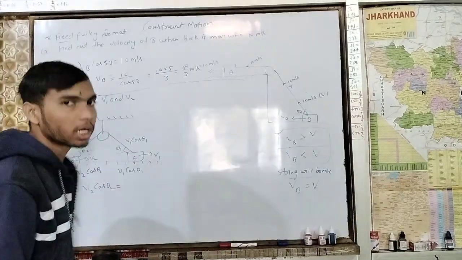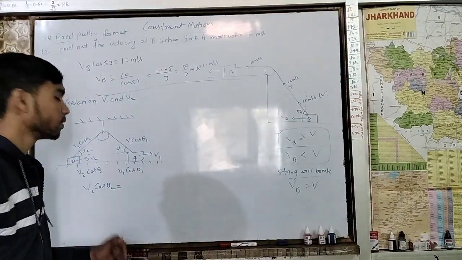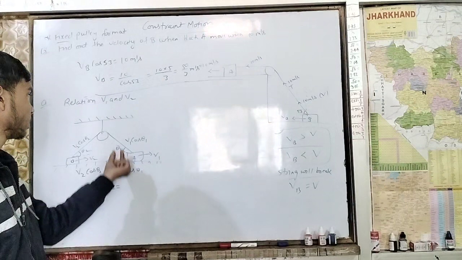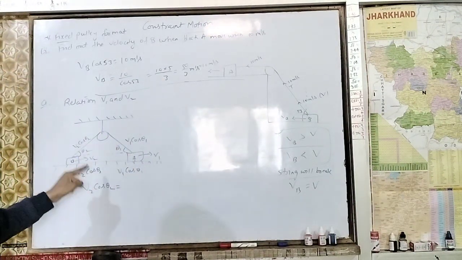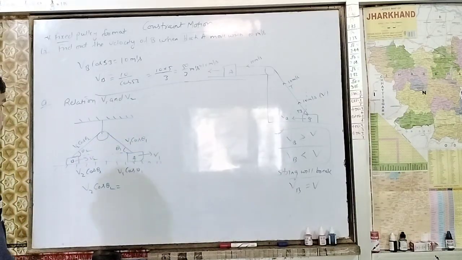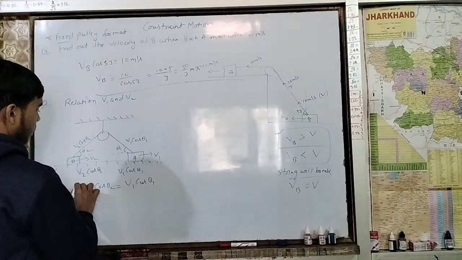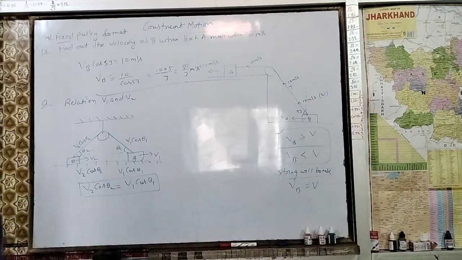Again I am telling you, don't care about the direction, don't care about the components. Just take the one component which is with theta. This will be our equation, our relation between V1 and V2. Remember.